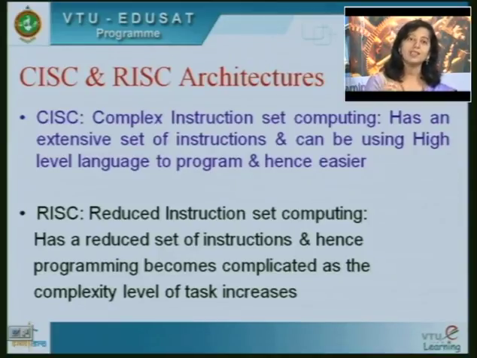So a minimal set of instructions should be incorporated, size and cost would be minimum then. You could reduce the size, you could reduce the cost if you just have a minimum instruction set. That's what is done in RISC architecture. But what would be the disadvantage? The complexity level of writing the instructions or program is going to increase.